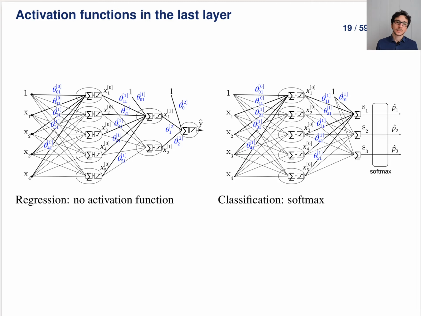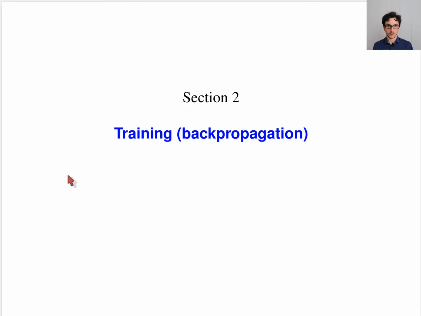So observe that for regression or for classification, neural networks have exactly the same structure. What changes is just the last layer. This is also a nice feature of neural networks. The mathematics is the same, you just change the last layer and you can do very different tasks.